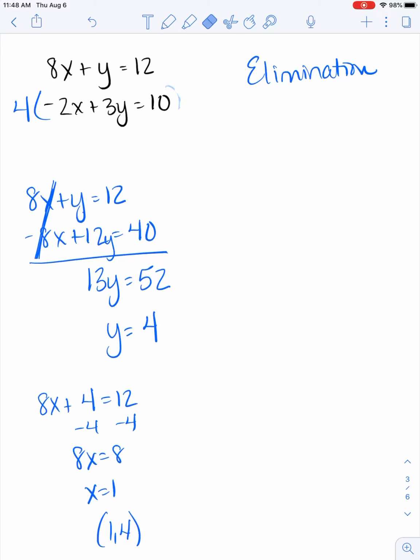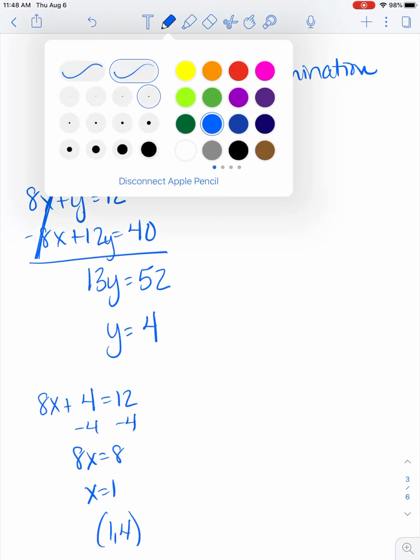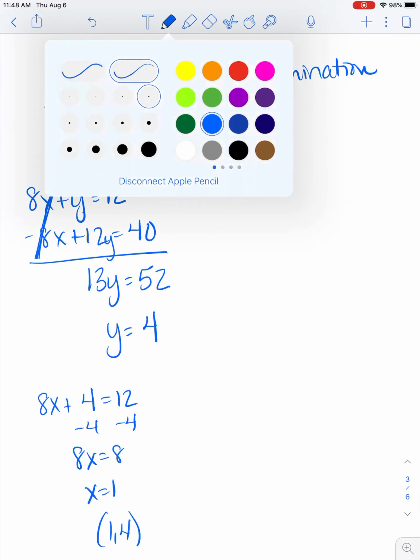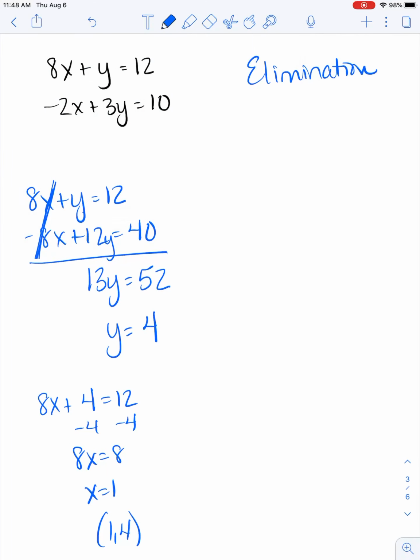Okay? So now I'm going to go back and show you what you could have done instead of the x's. Let me put that negative back. There we go. So if I wanted my y's to cancel, well, he's a 3y and he's a 1y. So I could multiply him by a 3, that would make them the same, but same doesn't cancel.